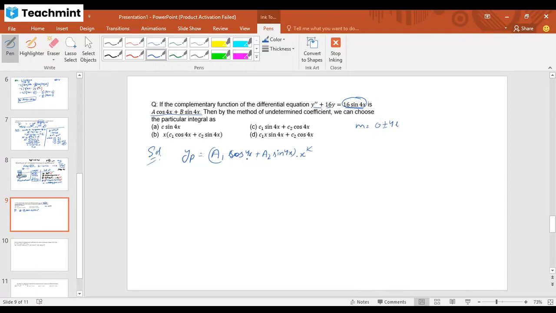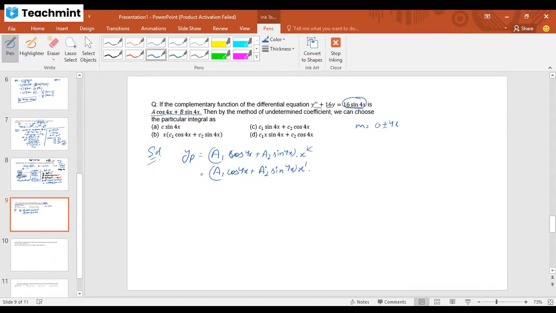And you can see here cos 4x and sin 4x, which is our trial solution, already appear in the complementary function. So it means that we are going to multiply it with x power 1. So this will be our trial solution in this case.